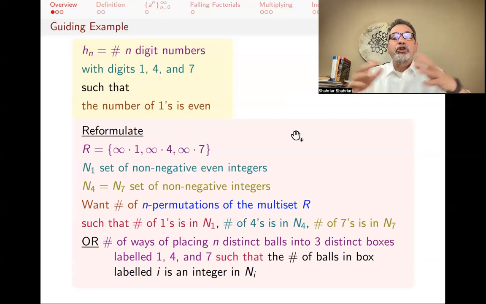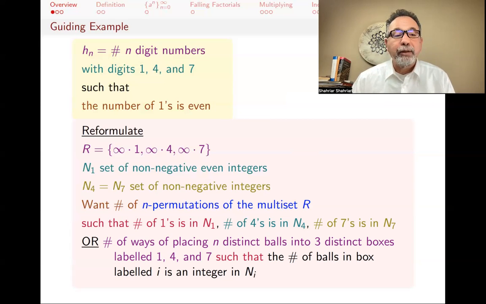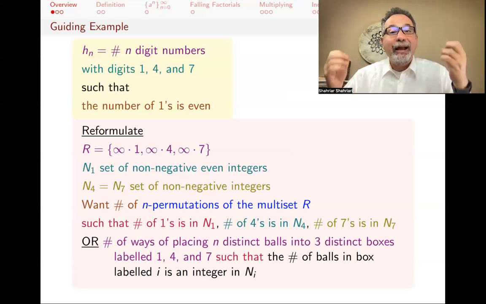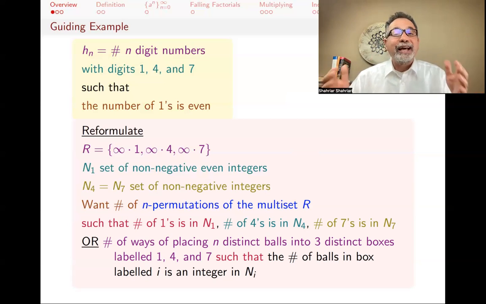So the point is that the most general problem that we want to talk about is we have a multiset and we have weird restrictions on how many of each of the elements we want to pick, and we want to make an S-permutation of them.